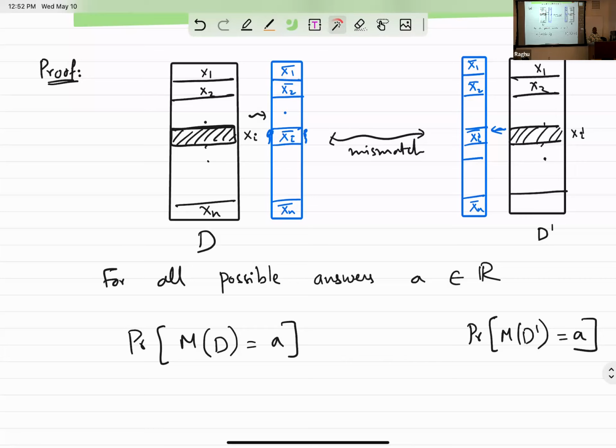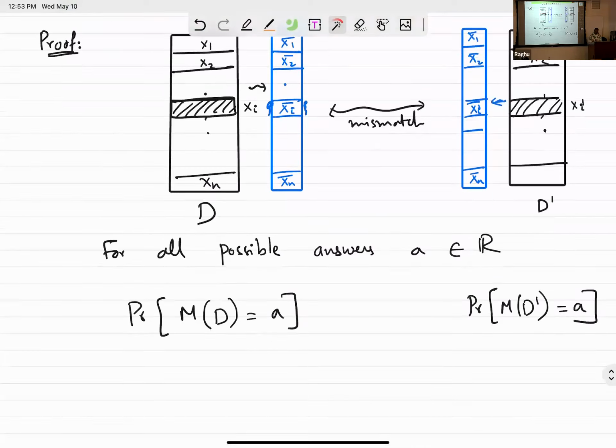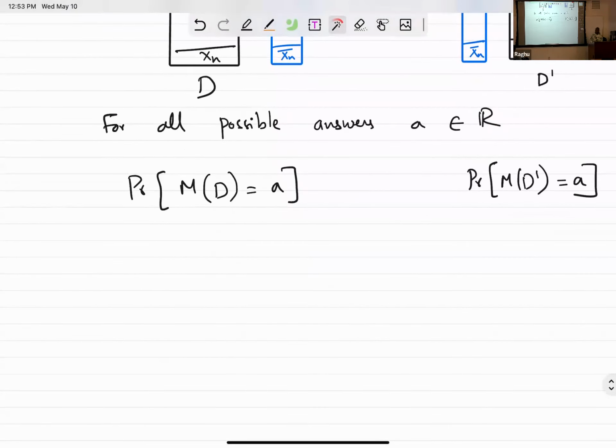Imagine there's one person whose true answer was 0, but I'm flipping it to be 0 with probability like 51% and 1 with probability 49%. And in the other case, the coordinate was 1. There, you get 1 with probability 51% and 0 with probability 49%. So they should match reasonably often, increasing the chance that they match. And whenever they match, you will be fine.